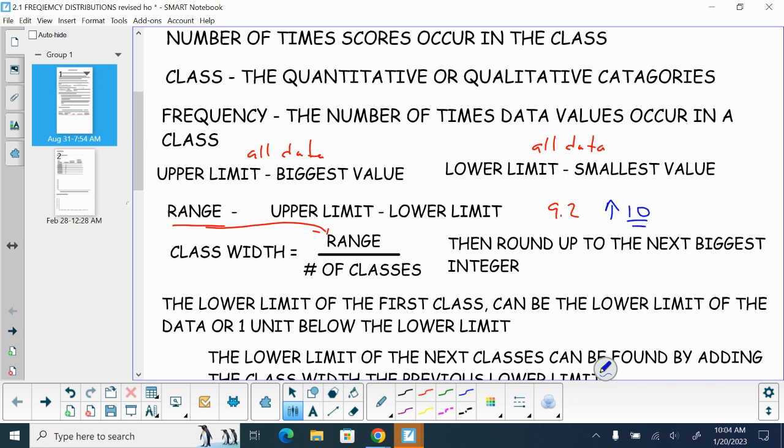We always go up. So we go up to 10. If you go down to 9, what will happen? You won't be able to fit all your data values in classes. So you go up to the next biggest value.